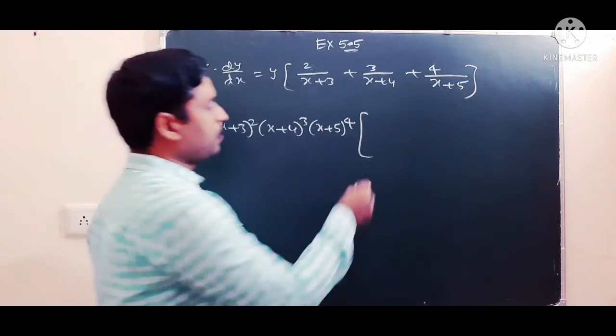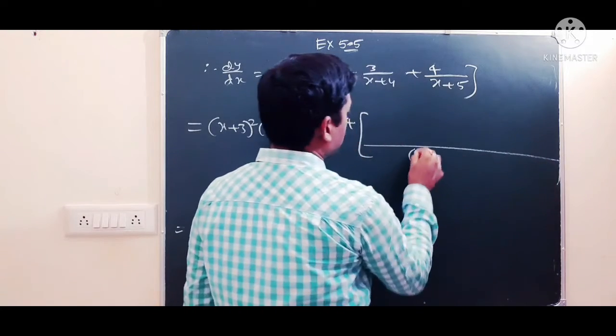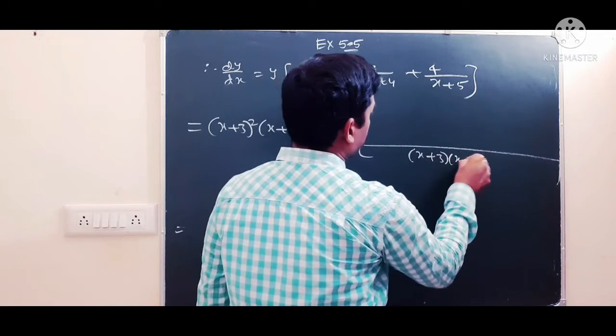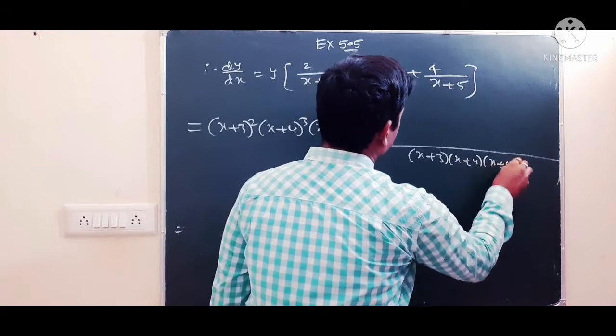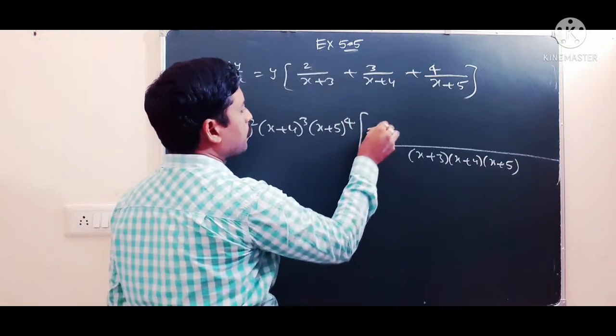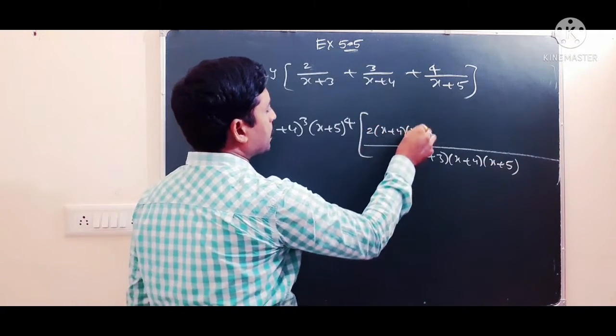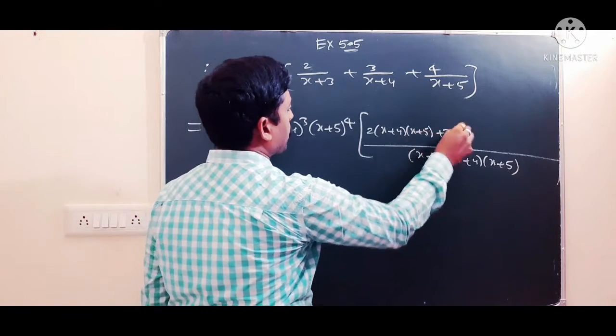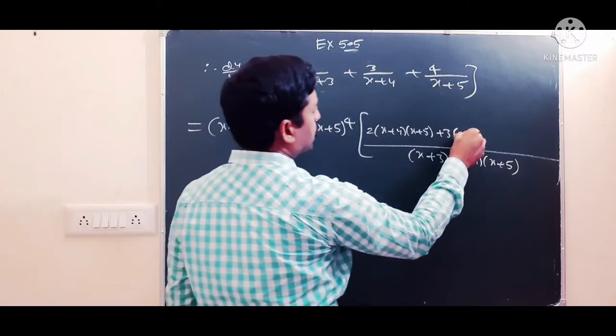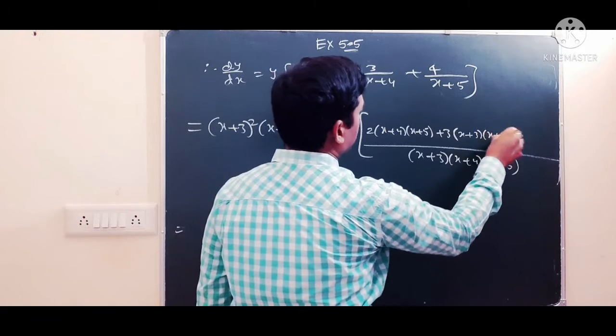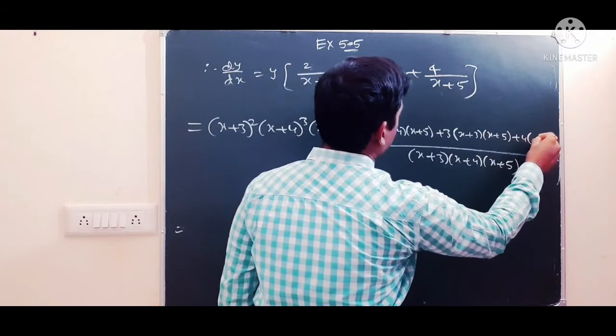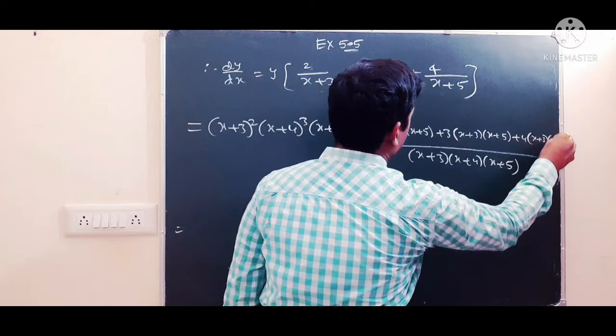So let us do the LCM. The LCM is (x plus 3) into (x plus 4) into (x plus 5). This will be 2 times (x plus 4)(x plus 5), plus 3 times (x plus 3)(x plus 5), plus 4 times (x plus 3)(x plus 4).